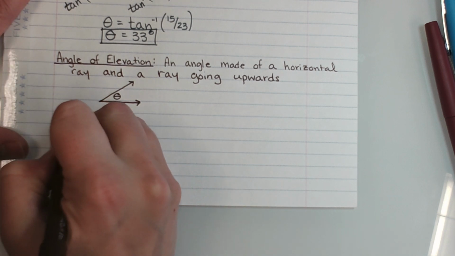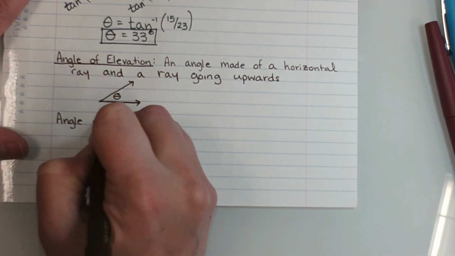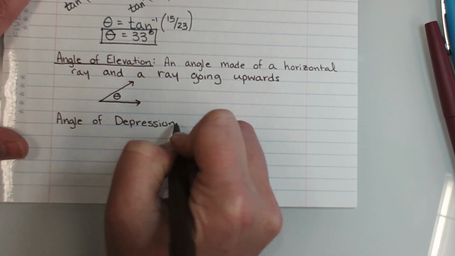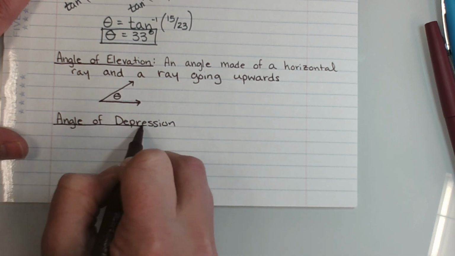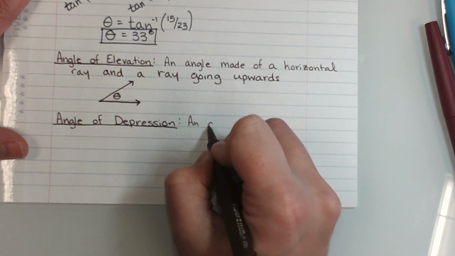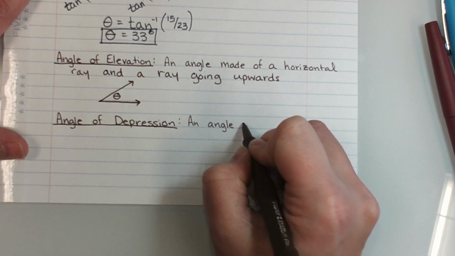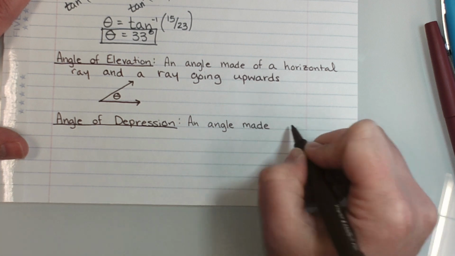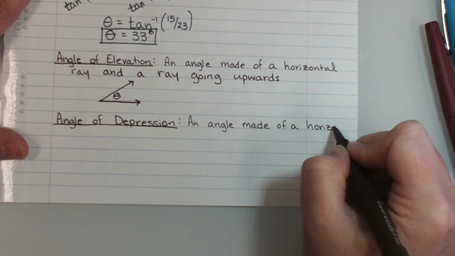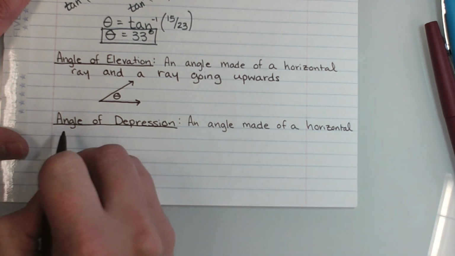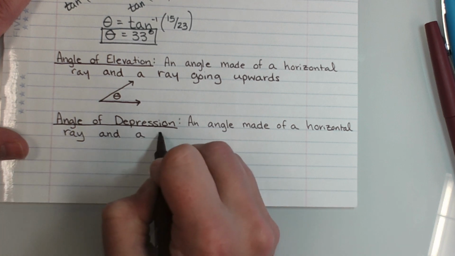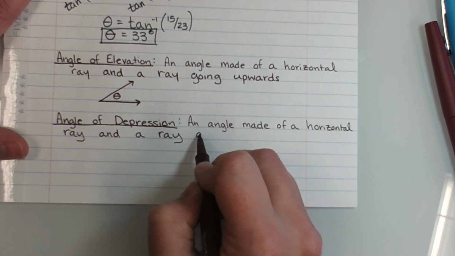Angle of depression is made of a horizontal ray as well, and the ray going downwards.